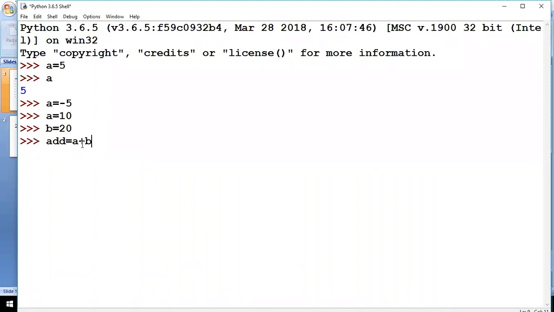So here this plus sign indicates a binary operator, or without any sign this indicates unary plus. When we have only a single operand, that is unary, and if we are having more than one operand, that is called a binary operator. Here this plus sign acts as a binary operator because we are working with two operands. After that I am getting the value of add as 30.